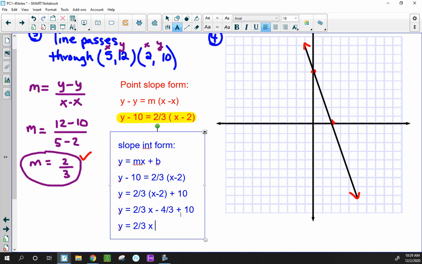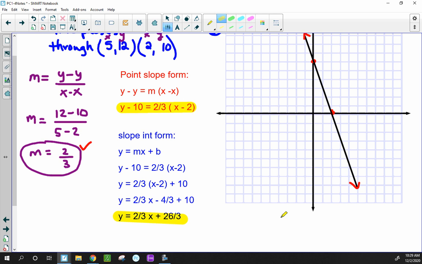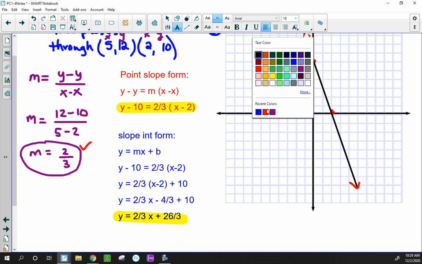So -4/3 plus 10. Well, 10 is 30/3. And 30/3 minus 4/3 is positive 26/3. I'm going to leave it like that, fractions instead of decimals. And there we go. Alright, and then last, we're going to go back and try to do the standard form.